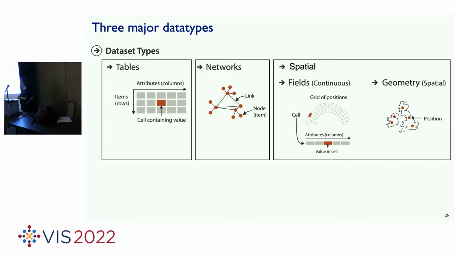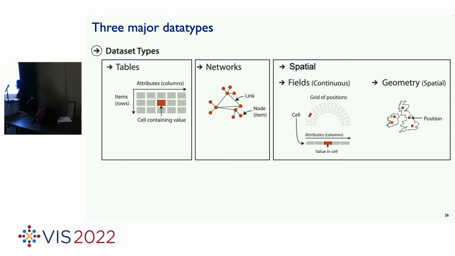Often you'll hear these called voxels. The idea is that we have a spatial field in which we have some attributes at every cell. So we still have this idea of attributes, but they are tied to particular spatial locations.